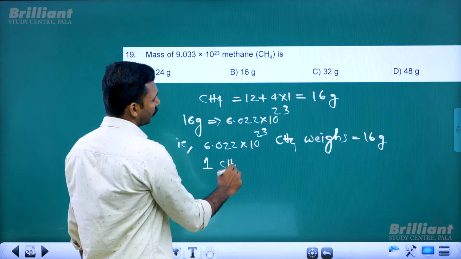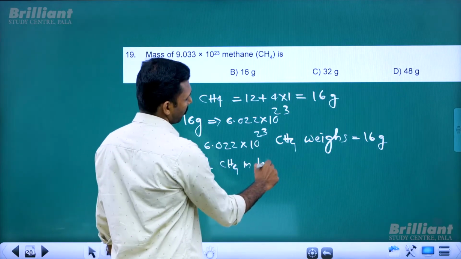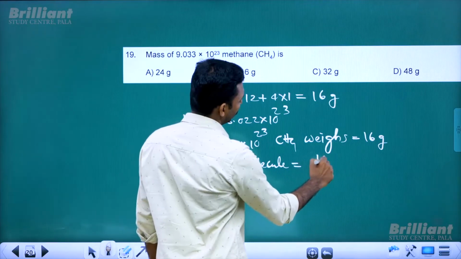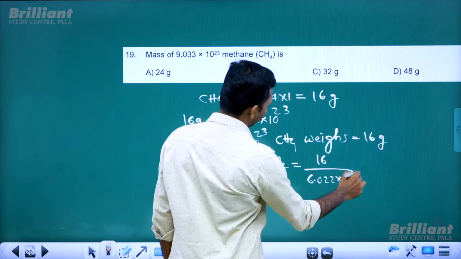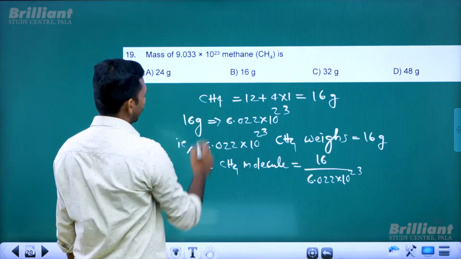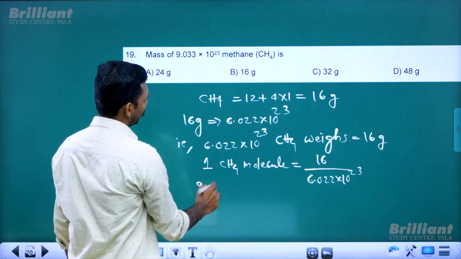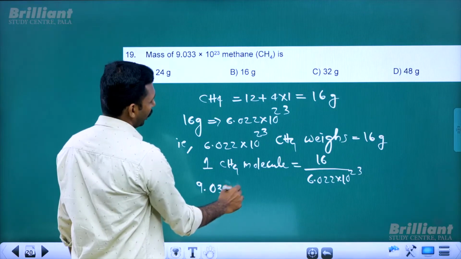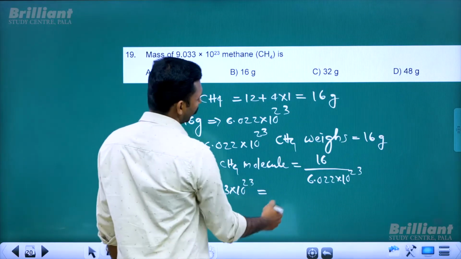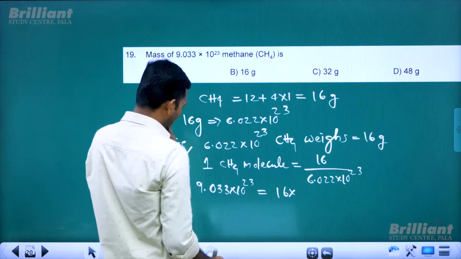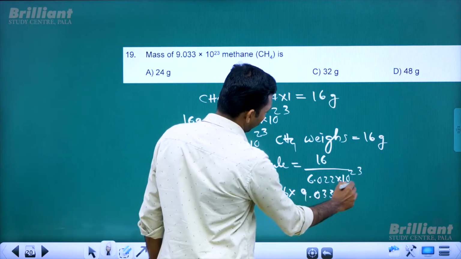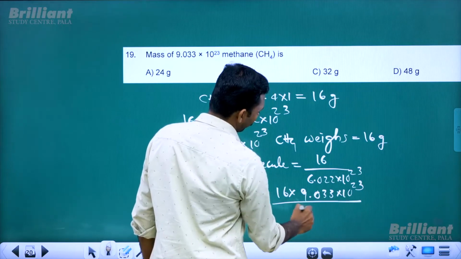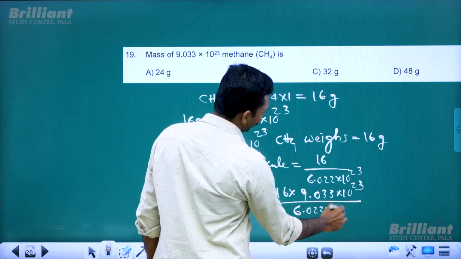One methane molecule is equal to 16 divided by 6.022 into 10 raised to 23. Here it is given as 9.033 into 10 raised to 23, that is equal to 16 into 9.033 into 10 raised to 23 divided by 6.022 into 10 raised to 23.